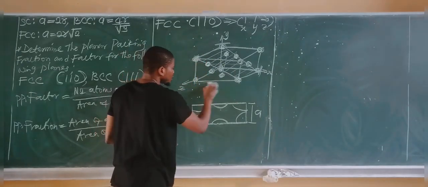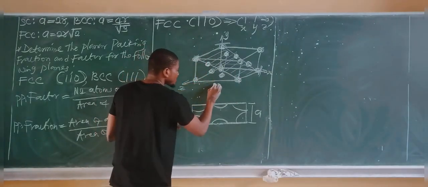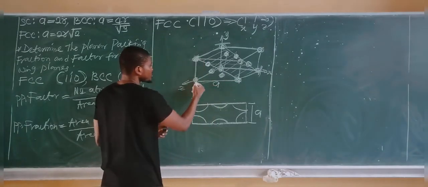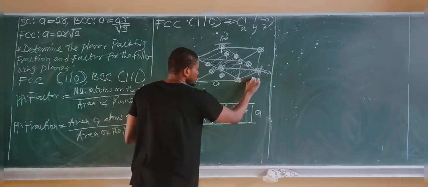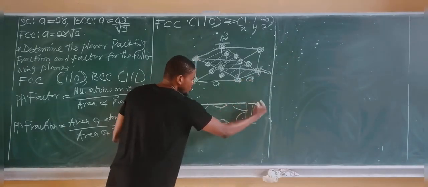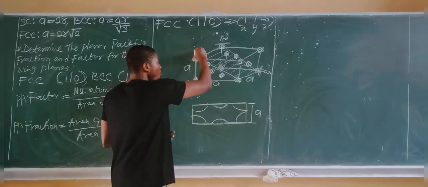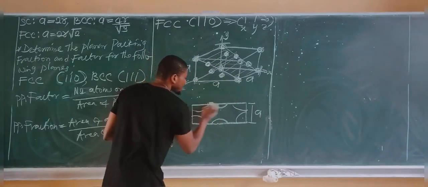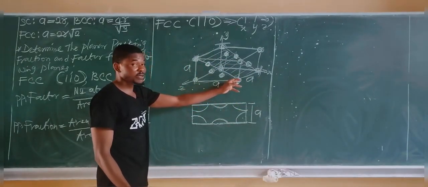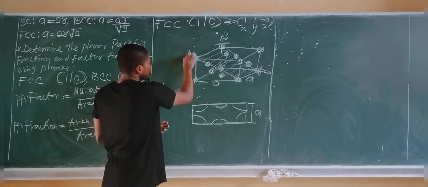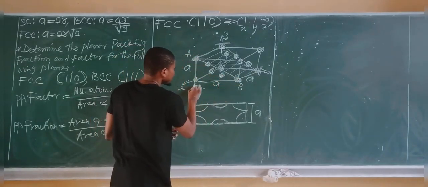The distance between two atoms is the lattice constant A, which makes this side A. But what is this hypotenuse arm, which is the longest side? Simply employing the Pythagoras theorem, call here A, call here B, call here C.